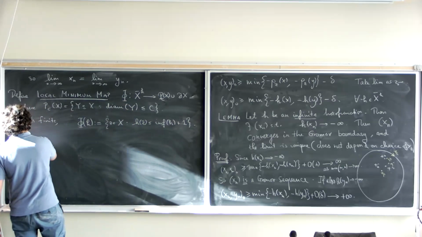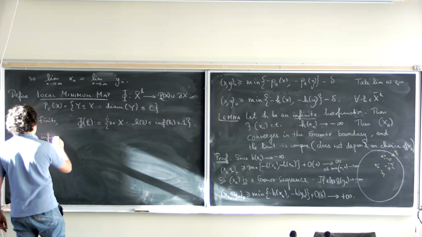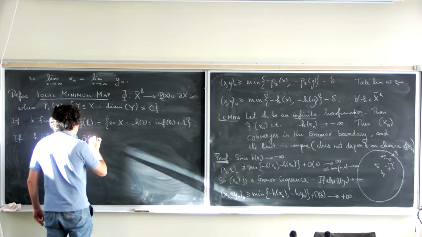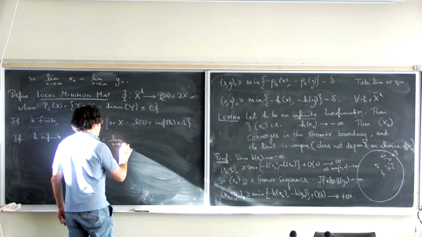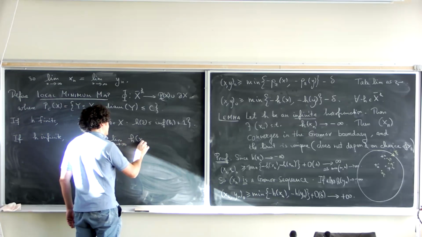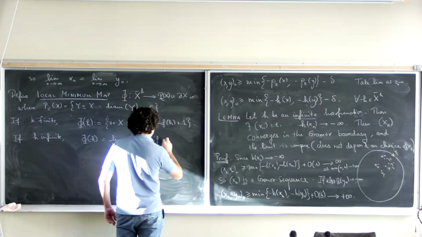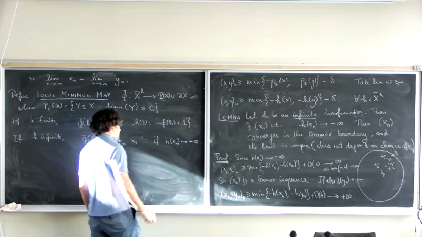And then if h is infinite, we define phi of h to be the limit as n goes to infinity of xn, if h of xn goes to negative infinity.